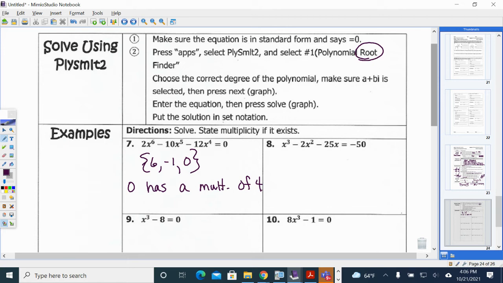On number 8, we need to add the 50 before we stick this in the calculator, making sure that it is in standard form. So when I added the 50, it's just going to tack onto the end because it's not like any of the other terms.